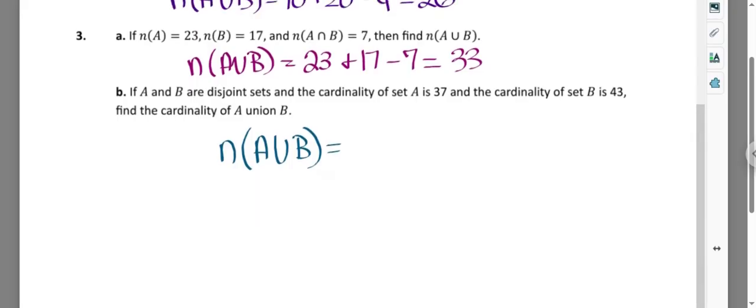So we know 37 in A plus 43 in B minus the intersection. How many is in the intersection? Exactly, 0.